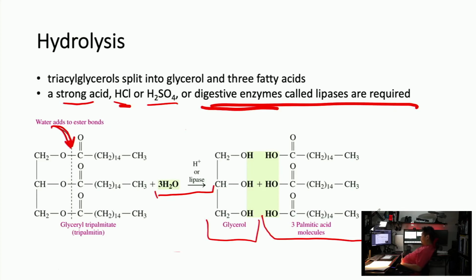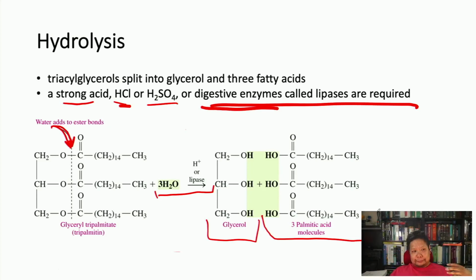Hydro means water, lysis means like cut, or open up or something like that, right? And when they do that, they break the triacylglycerols that were the storage fats for the animals that you're eating into the substituent fatty acids. For example, here was 3 palmitic acids, and then it's glycerol, right?